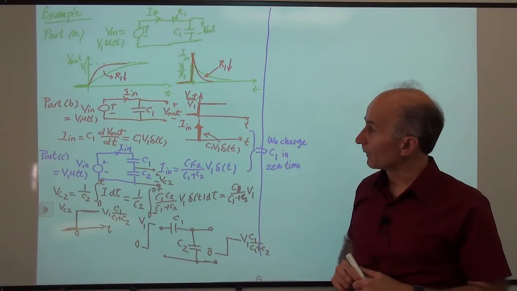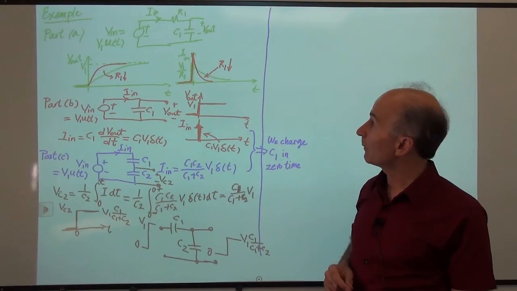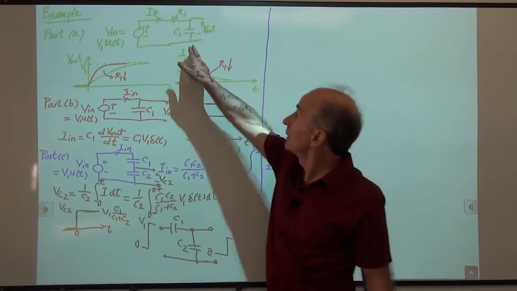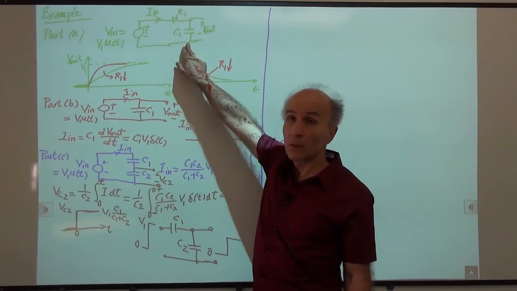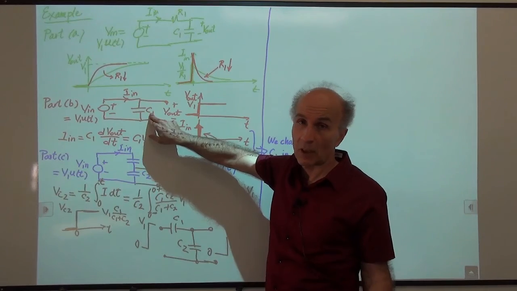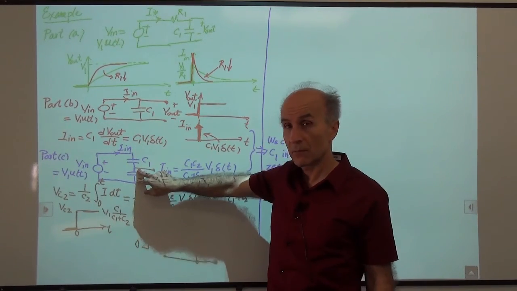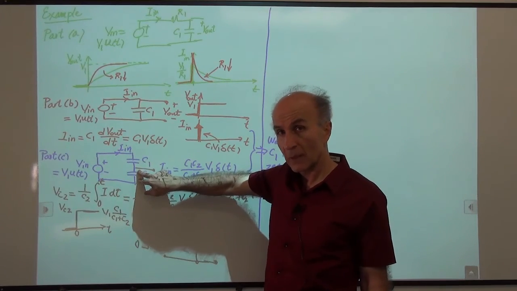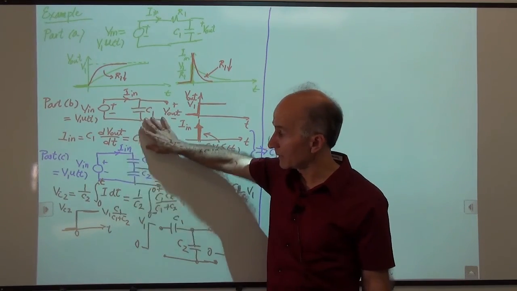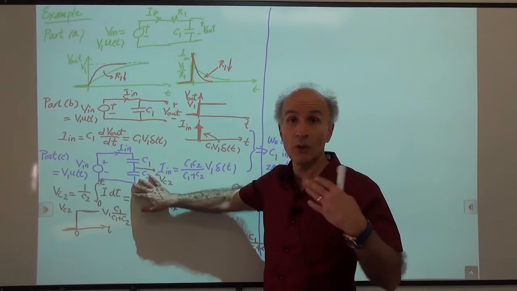All right, so if I had asked you right off the bat, how much is the time constant here, you would have said R1C1. How about here? Well, R1 is 0, the time constant is 0. How about here? Same thing, the time constant is 0. So in these cases, the time constant is 0. The circuit responds with 0 time constant.